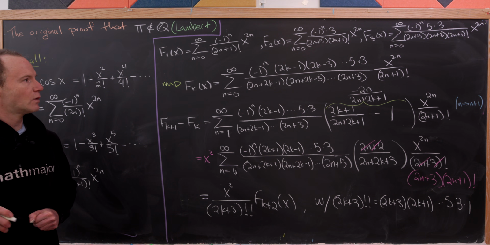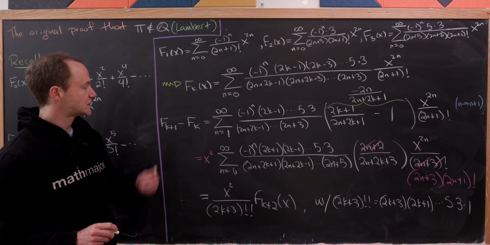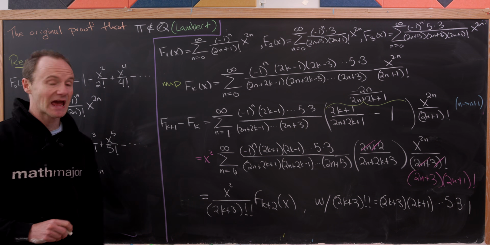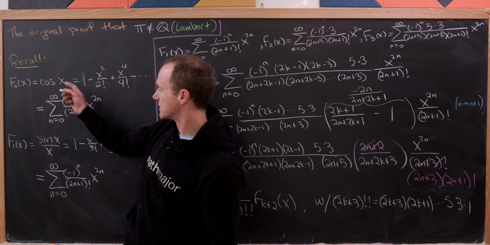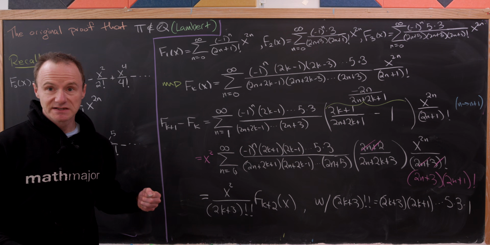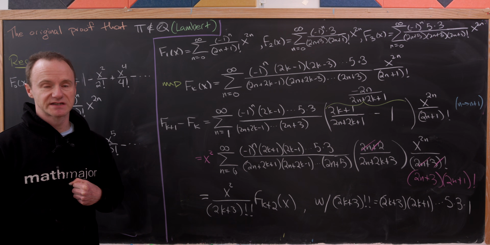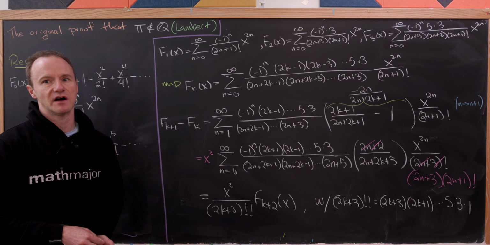Okay, so what we've done here is wrap up this closed form for these f sub k functions that are built out of the seeds, which happen to be the cosine and the sine x over x. So next up, we'll leverage this to find our continued fraction representation of the tangent.